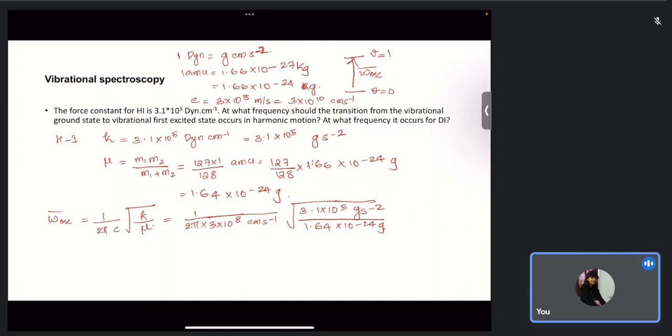So let's do the calculation. 3.1 divided by 1.64 is 1.89.